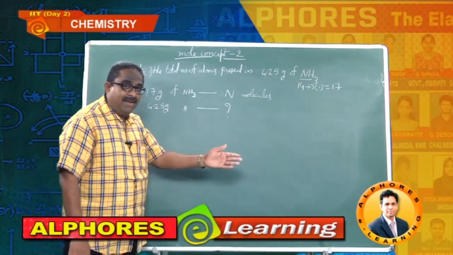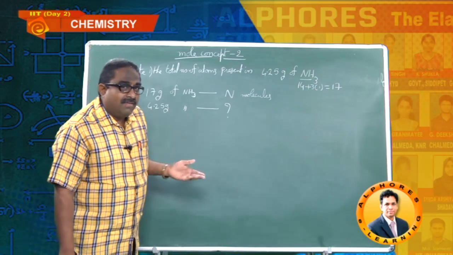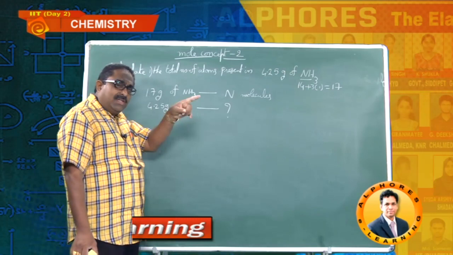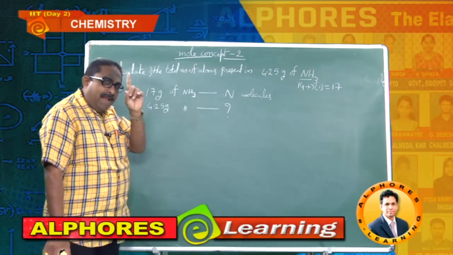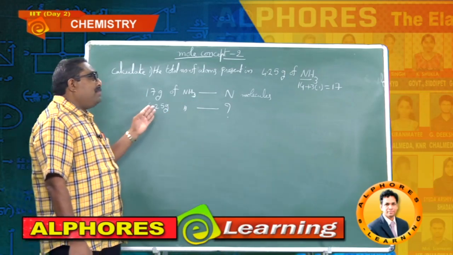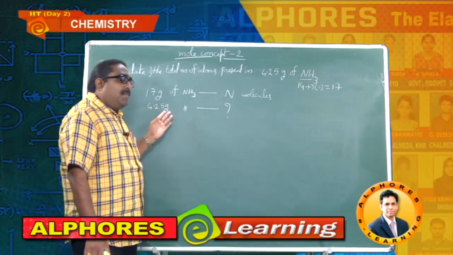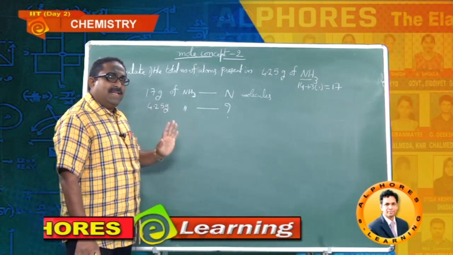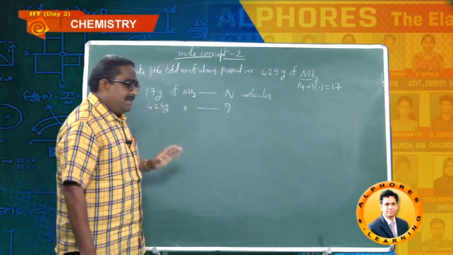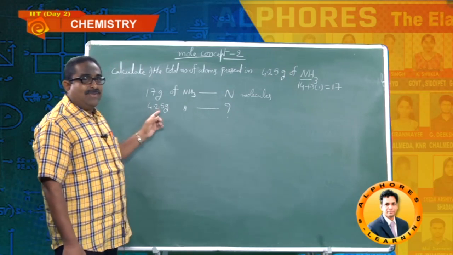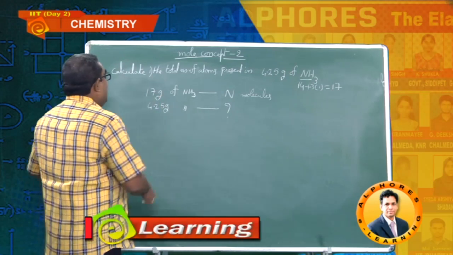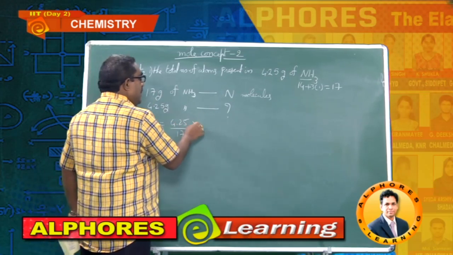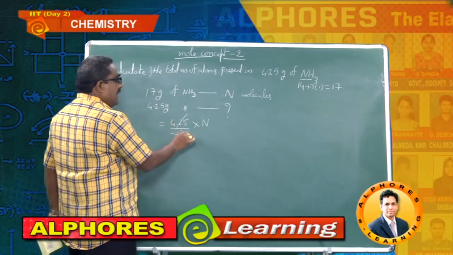1 pen 10 rupees, 10 pen 100 rupees. The simple common sense what we are going to use in such case, the same common sense a student should apply here, and if you apply the same common sense here, the entire stoichiometry is very easy to use, student. Okay. Anyway, I am going to calculate once again. So for 4.25 by 17 into N, it's exactly 1/4.